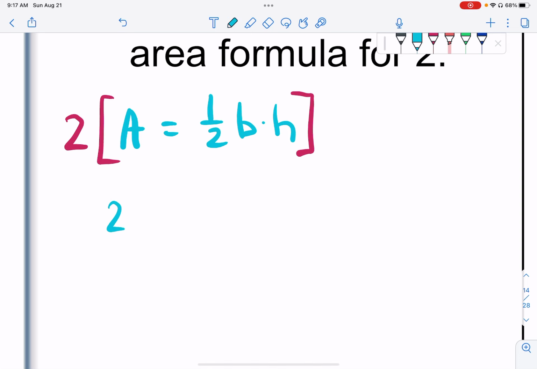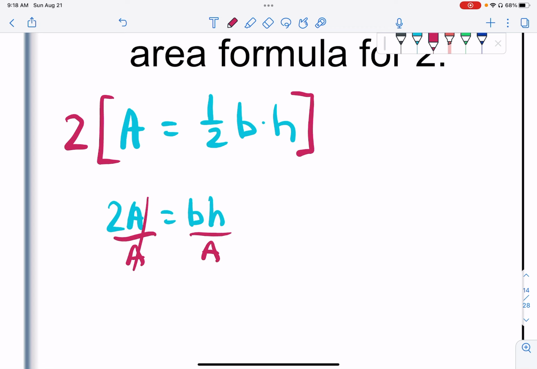I'd have 2a is equal to, this 2 and the 1/2 will cancel and leave me with bh. I need the 2 by itself, so I'm just going to get rid of the a. I'm going to divide the 2, not the 2 over, but the a over. Right, and they can cancel.